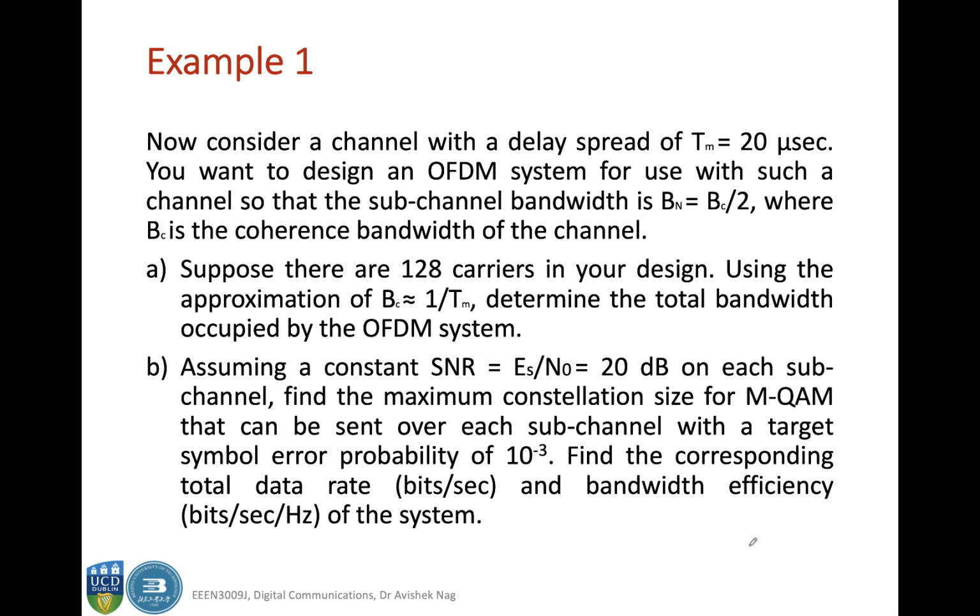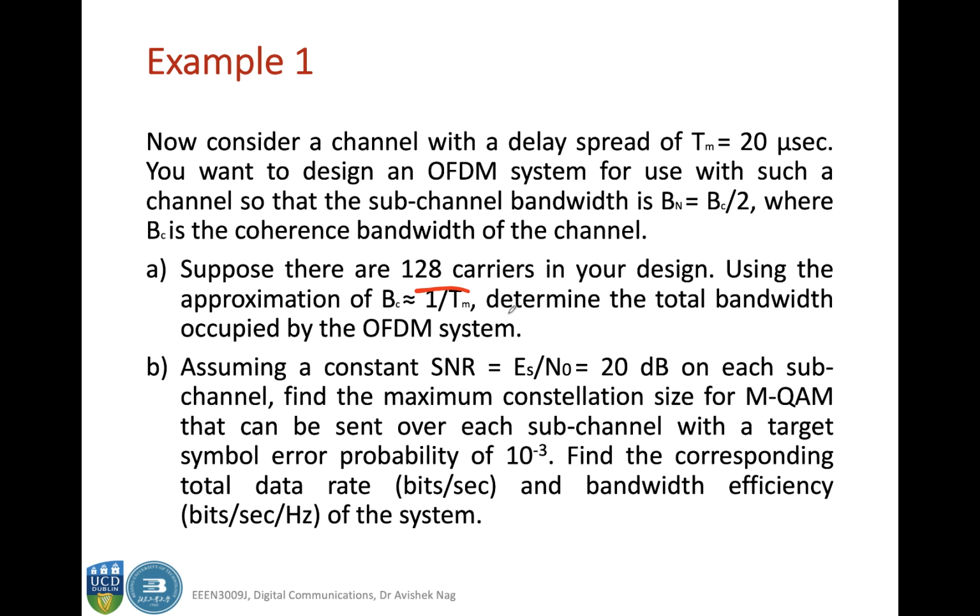Now suppose there are 128 carriers in your design. These are the number of sub-carriers actually. Using the approximation that coherence bandwidth is approximately equal to 1 over Tm, the delay spread, determine the total bandwidth occupied by the OFDM system. This is the first part.